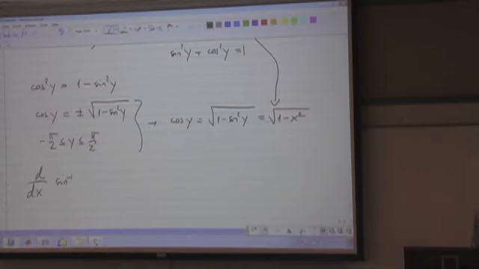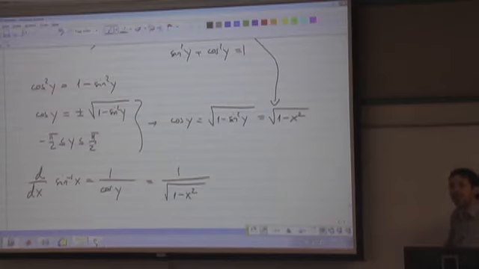So we showed that the derivative was 1 over cosine of y, but that's just going to be 1 over the square root of 1 minus x squared. Is that making sense? Yes? Barely?